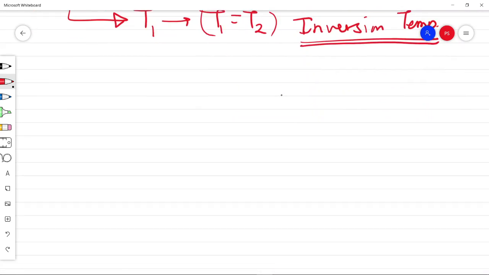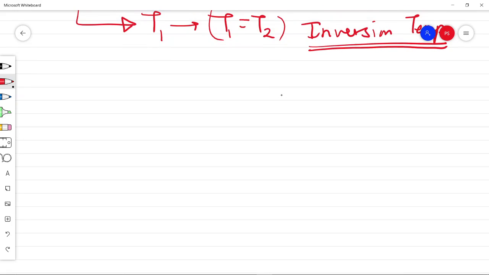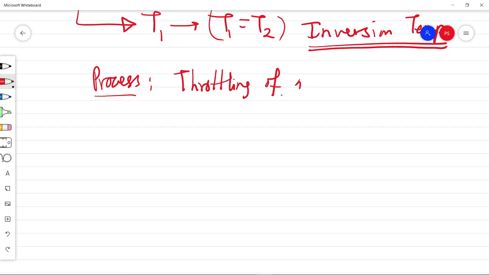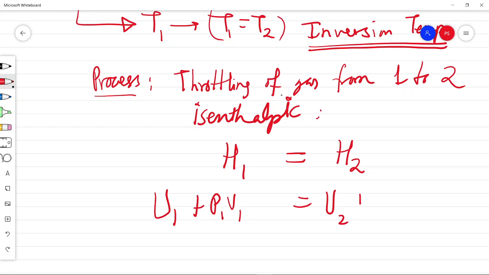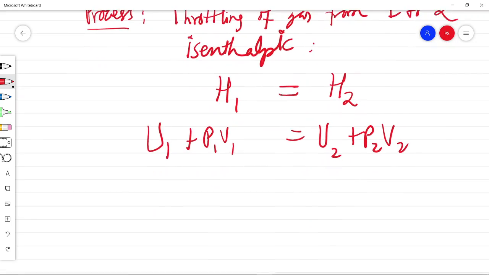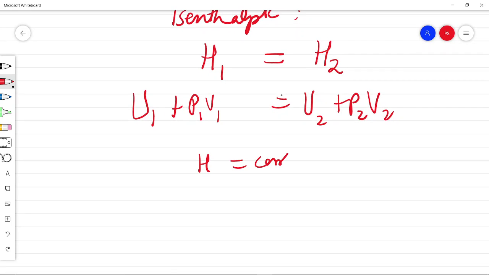Now, in order to understand these three outcomes, we must know that the process, namely the Joule Thomson process, or the throttling of the gas from region 1 to region 2, is isenthalpic. That is, the enthalpy in region 1 is the same as the enthalpy in region 2. That is, by the definition of enthalpy, U1 plus P1V1 is the same as U2 plus P2V2, or H is a constant.